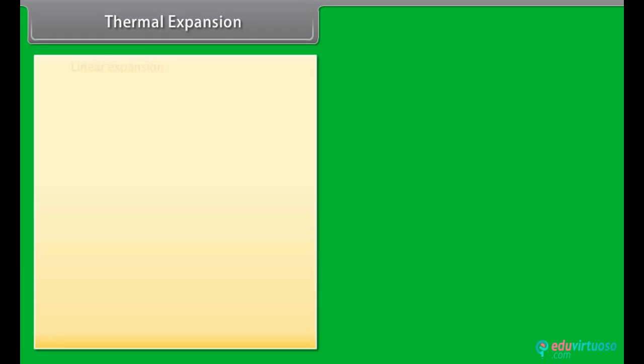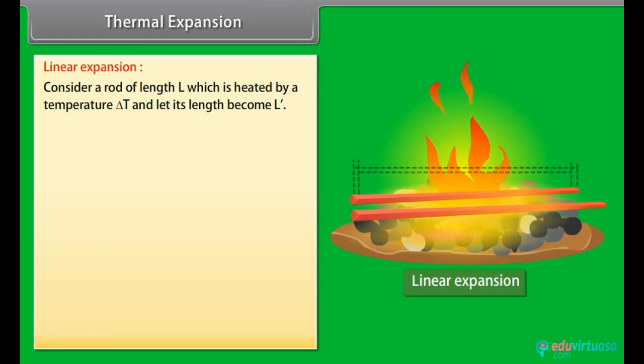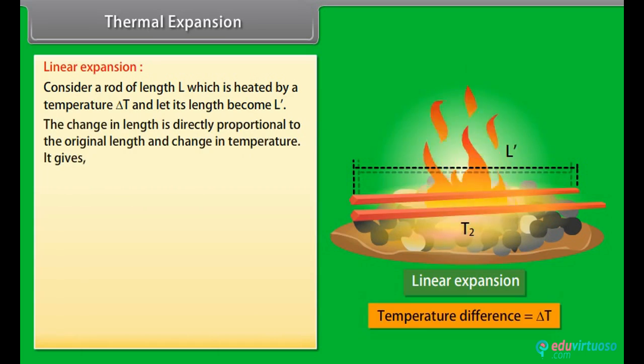Linear expansion. Consider a rod of length L, which is heated by a temperature ΔT, and let its length become L'. The change in length is directly proportional to the original length and change in temperature.